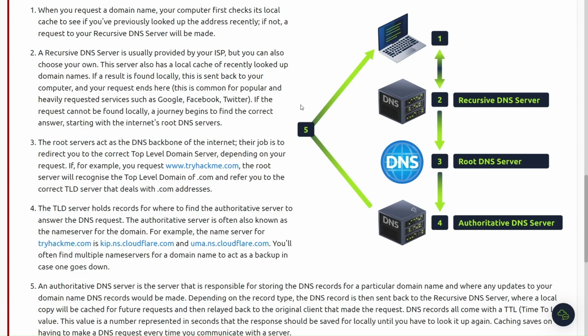This is common for popular and heavily requested services, such as Google, Facebook, Twitter. If the request cannot be found locally, a journey begins to find the correct answer, starting with the Internet's root DNS servers.